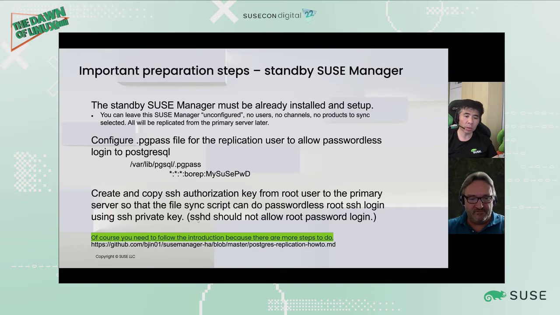And of course, sshd should not allow root password login. It does not interfere with the password login because we just log in with the authorization key. But of course, you need to allow root login, but not root password login. I hope that is clear. Okay, got it.